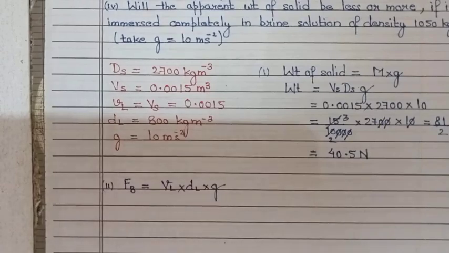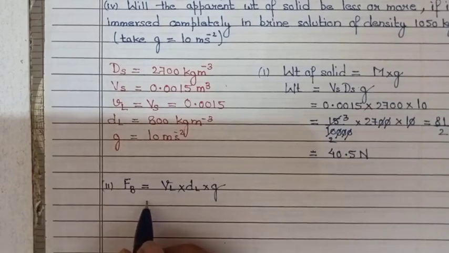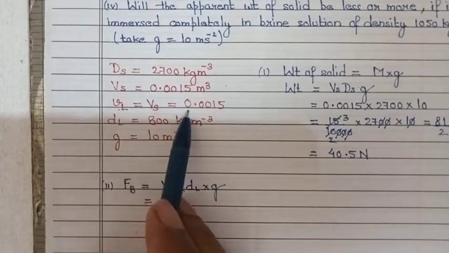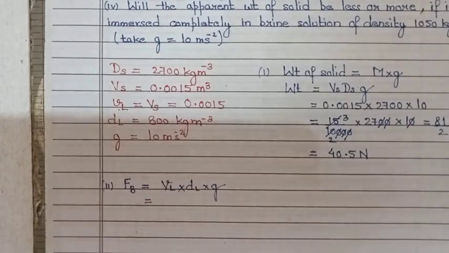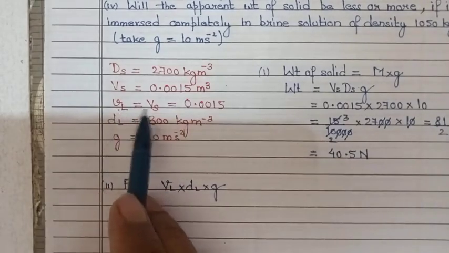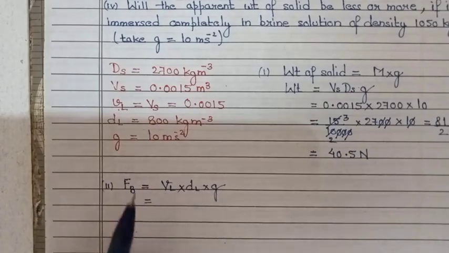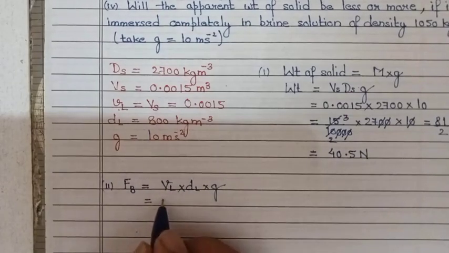So we are going to use this formula for calculating upthrust. So volume of the liquid displaced here is same as the volume of solid. And when do we apply this condition? When the question says that body is completely immersed. So volume will be same.